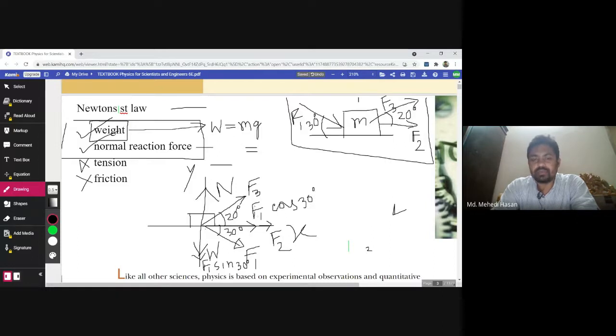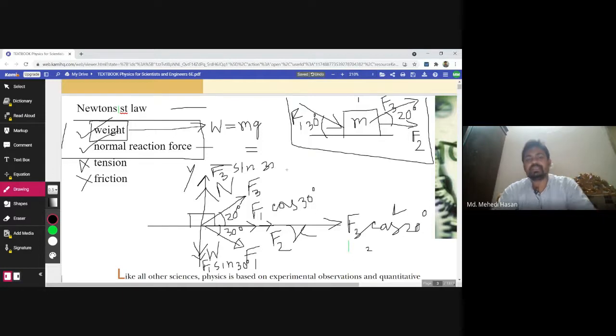Then this F3 has two component, along the x-axis is F3x, that means F3 cos 20 degree, and along the y-axis, so it will be upward because the force is in first quadrant, so it will be F3 sine 30 degree. Okay, F3 then sine 30 degree.